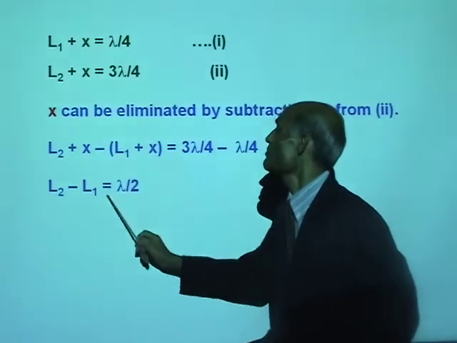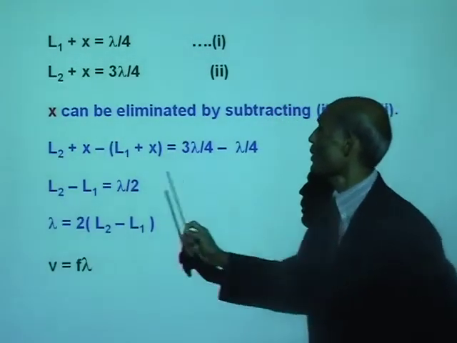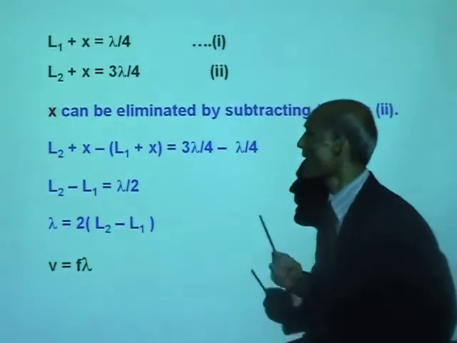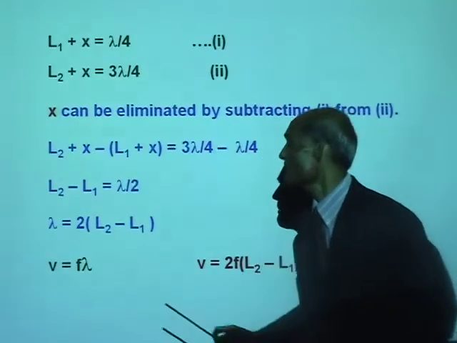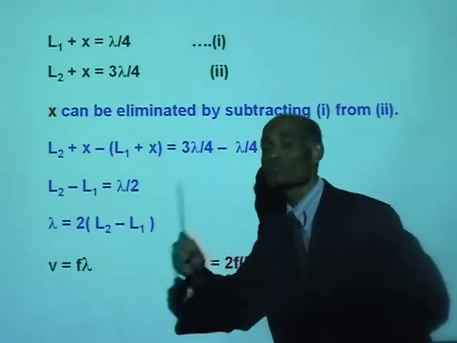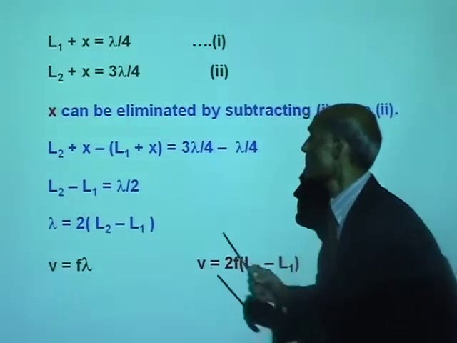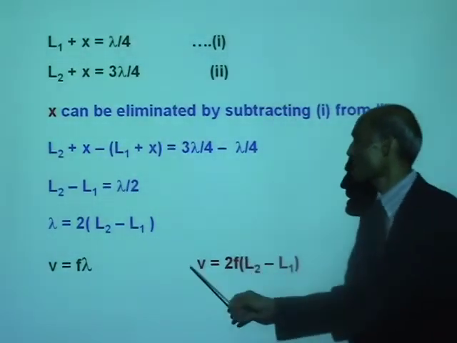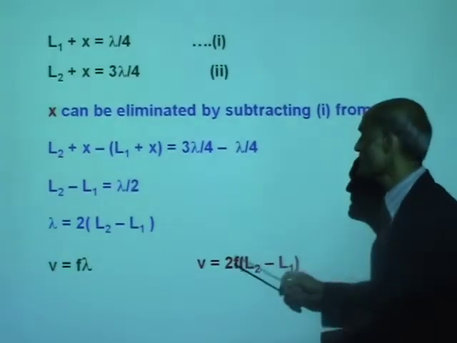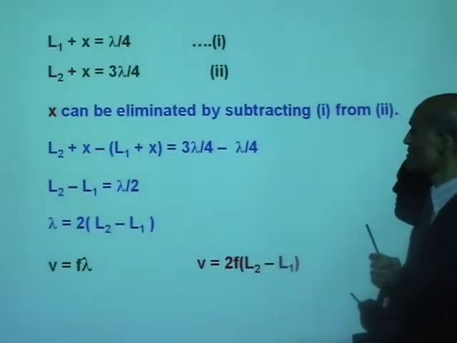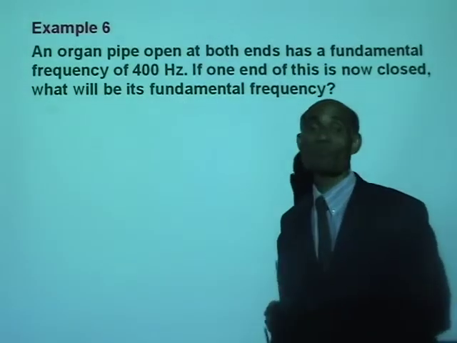You get L2 minus L1 equal to lambda by 2, or lambda equal to 2 times (L2 minus L1), and v equal to f lambda. f is the frequency of the tuning fork, and lambda equals 2 times (L2 minus L1). You can calculate the speed of sound as v equals 2f times (L2 minus L1). A nice experiment. Let's do a simple problem.